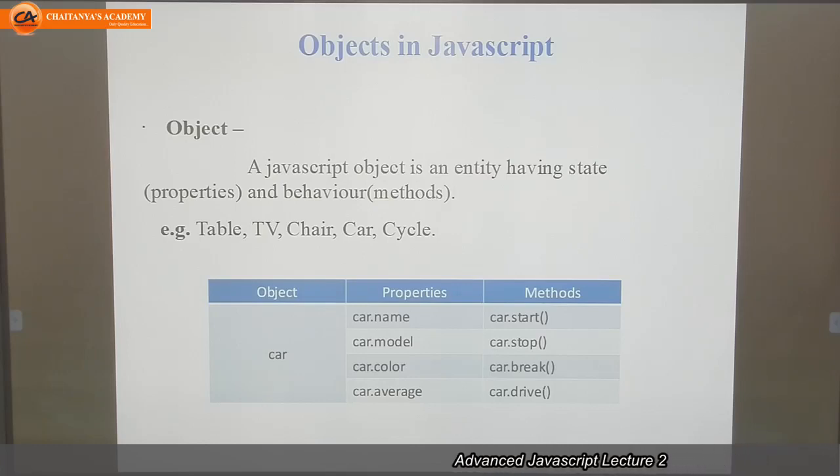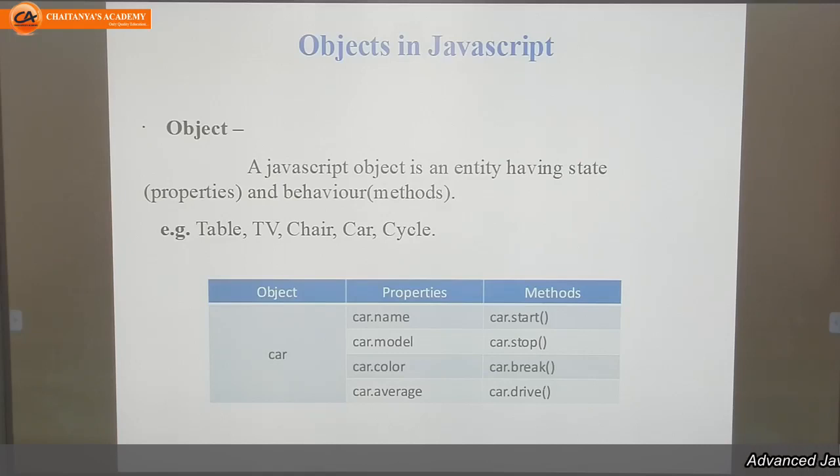So as we discussed, JavaScript is an object oriented language. Object oriented means whatever we are going to display on a web page is an object, and we display the properties and methods of that object.